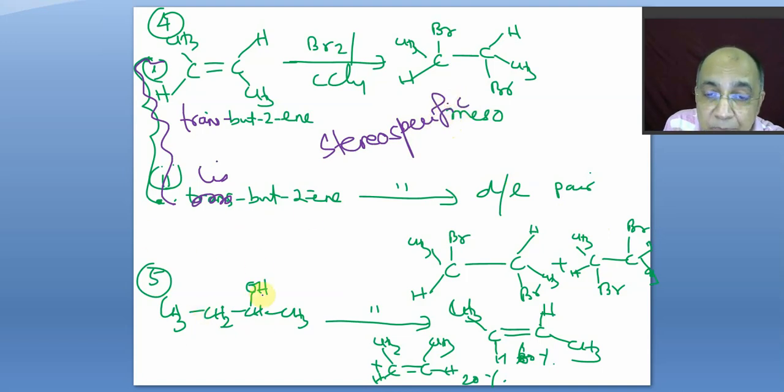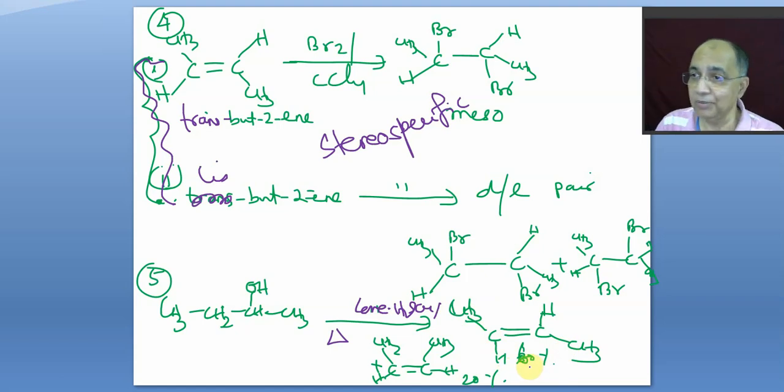What about butan-2-ol? Concentrated sulfuric acid and heat will give you cis-butene 20%, trans-butene 60%. I have not shown but-1-ene because that is a regioisomer, because I wanted to give the two stereoisomers.